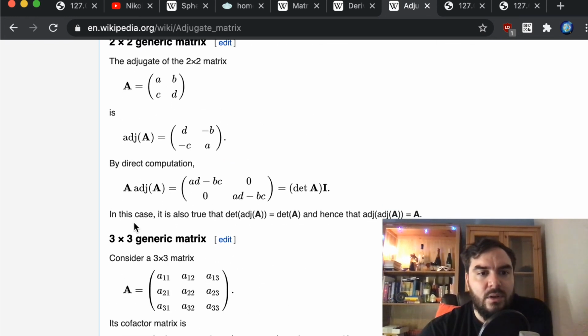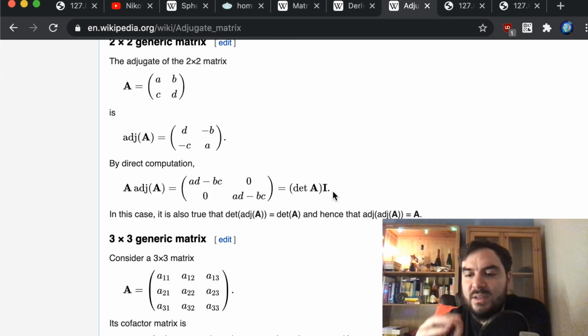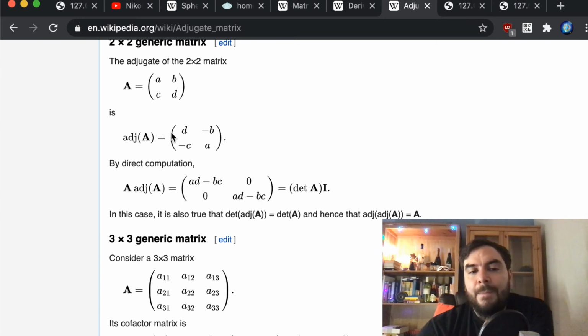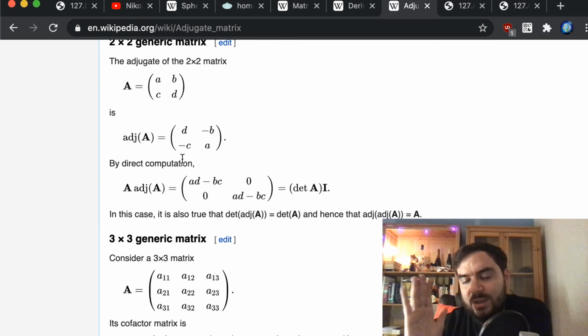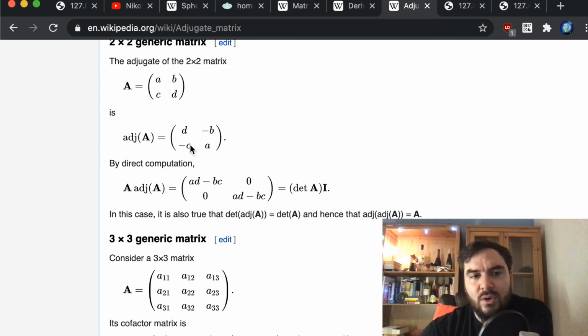So yeah, here's this formula. Here you see that the adjugate matrix is defined in a way that if you multiply it with A, you get something proportional to the identity matrix. And in our case, this will always be trivial essentially, because we are going to use the Pauli matrices, which are traceless. So the adjugate is basically just a multiple of the matrix itself.